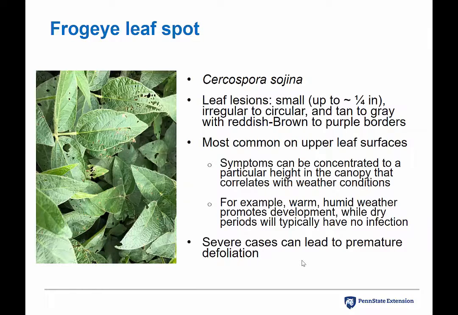The lesions are pretty distinctive to see once you get comfortable with it. Really, on top of it, we also saw a lot of Cercospora leaf blight, which is a different species of Cercospora. So all that purple seed stain you might be dealing with, you can blame it on the other one in that respect. But there are concentrations of the symptomology.